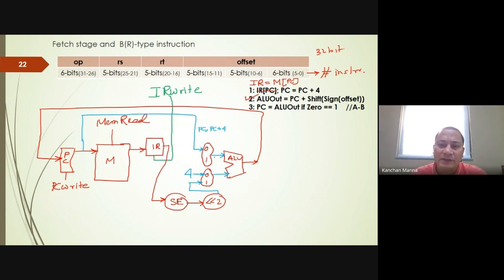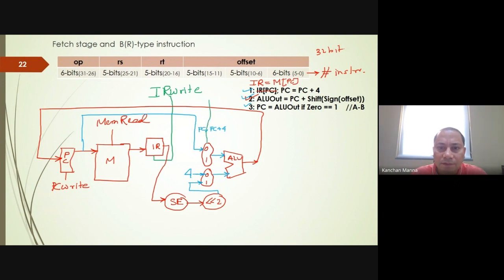Actually, for stage 1 and stage 2 this path is receiving input only from one source. But when we calculate the third step, we have to bring the register content also, so at that time this other input would be connected. So for the timing, it is like this. Now we have to specify the select input of this mux.